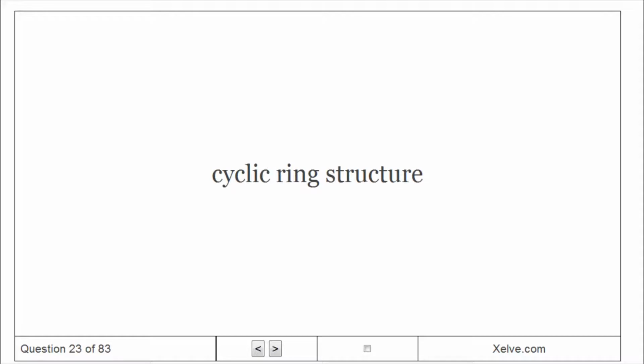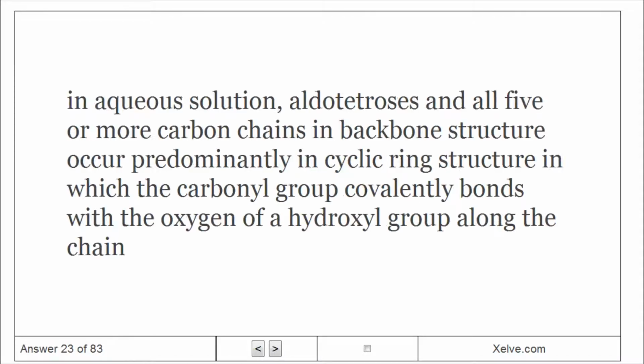Cyclic ring structure. In aqueous solution, all the tetroses and all sugars with 5 or more carbons in the backbone occur predominantly in cyclic ring structure, in which the carbonyl group covalently bonds with the oxygen of a hydroxyl group along the chain.